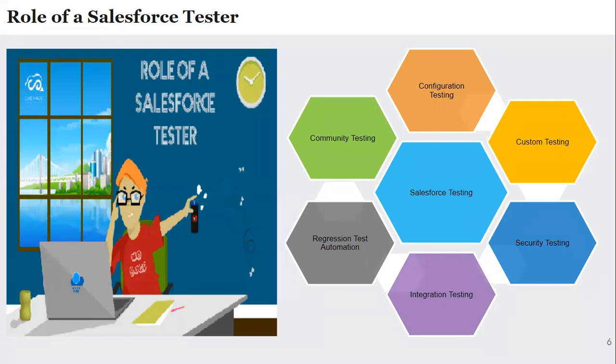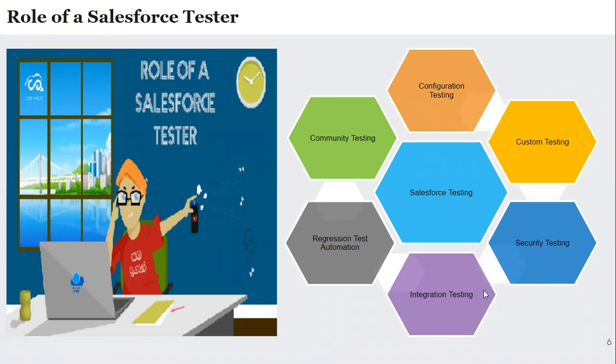If you want this hierarchy, you need to set up a security model in Salesforce, add the hierarchy, and give access based on the requirement. That is called Salesforce security testing. If you have those types of requirements, we perform that type of security testing.